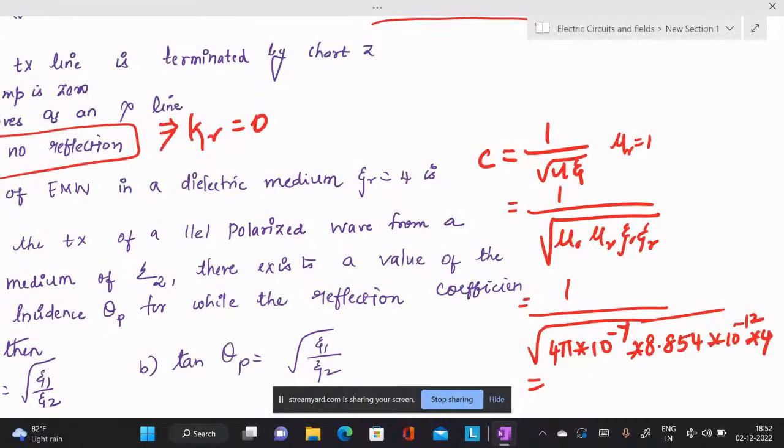Did anyone complete this problem? What is the value of C here?